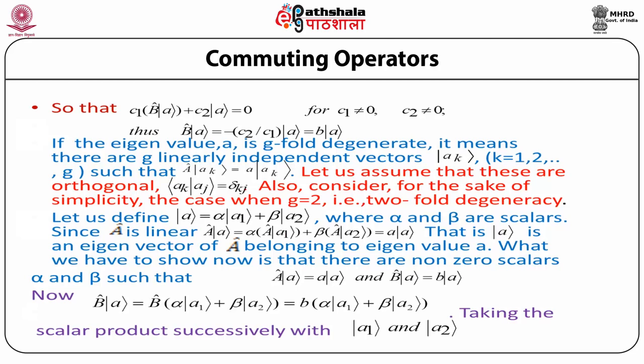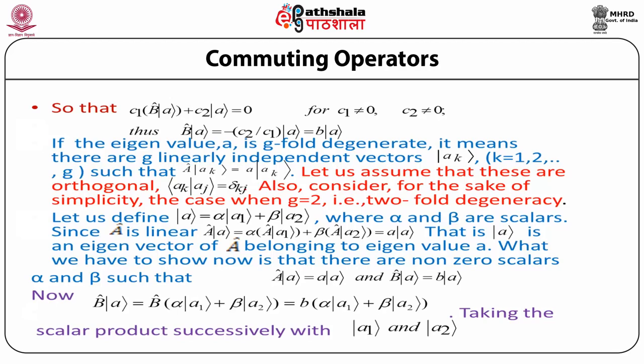Let us assume that these are orthogonal, that is, bra vector AK ket vector AJ is equal to delta JK. Also, consider for the sake of simplicity the case when G is equal to 2, that is, there is two-fold degeneracy.